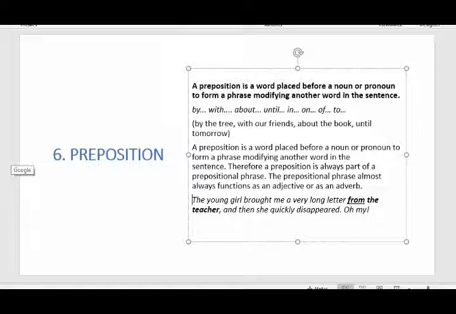We will discuss more about prepositional phrases in the next lessons. In the example here, the words from the teacher are a prepositional phrase. The word from is a preposition, whereas from the teacher is a prepositional phrase. We will learn more details about prepositions when we advance to the next lessons.